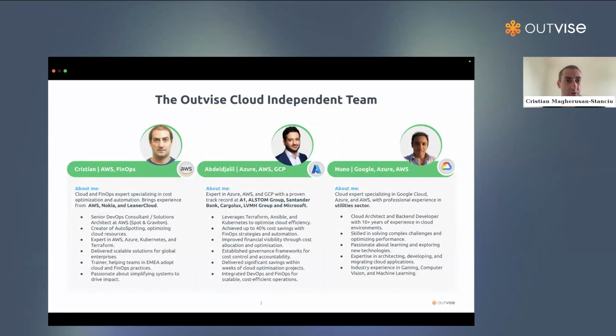Afterwards, I joined AWS and was there a few years. Before joining AWS, I was building some tooling for cost optimization, and that tooling kind of opened the door for me to join AWS in a way. Then I left AWS, and now I'm freelancing on my own, helping companies reduce their costs.